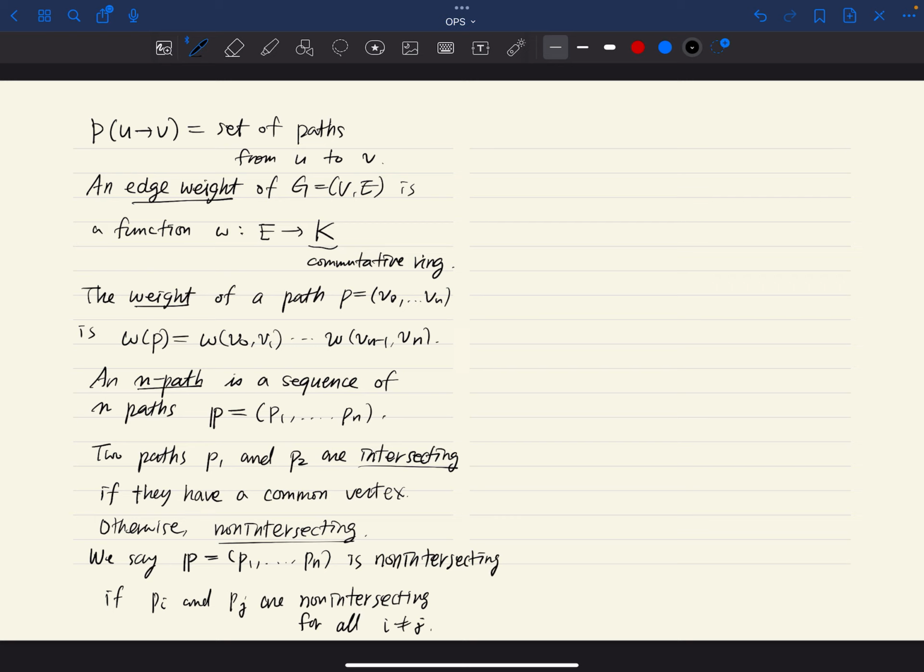We have some more definitions, but you're almost there, just a couple more.